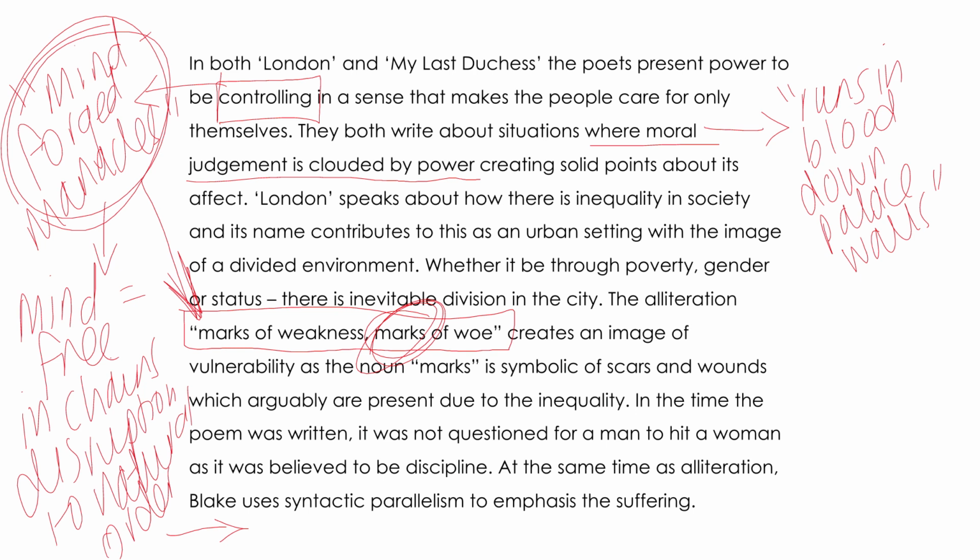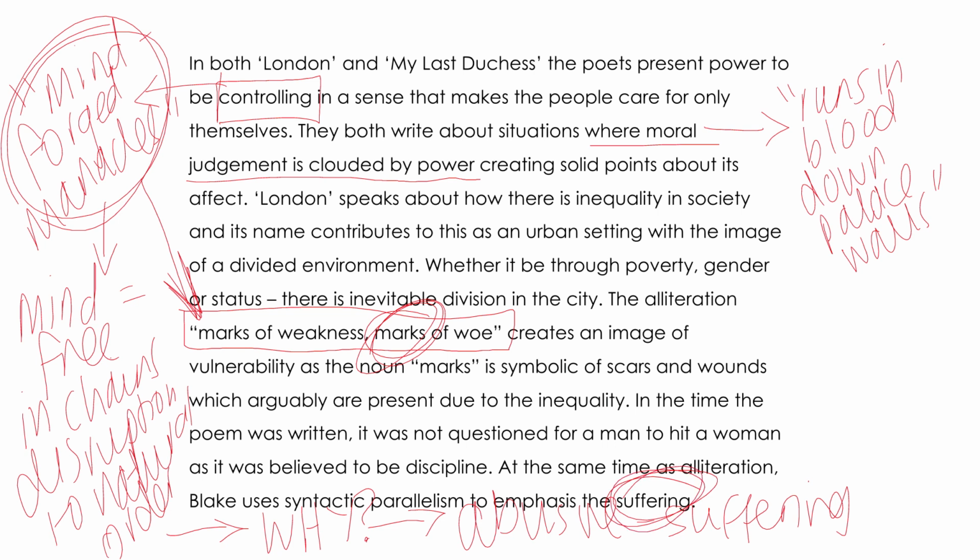Why do I think then, and remember this is your critique, why did Blake want to have this image of minds being in chains? Well, potentially because what he was trying to say about power is that it's abusive and that those not in power are suffering, which actually, again, we have in the final part.